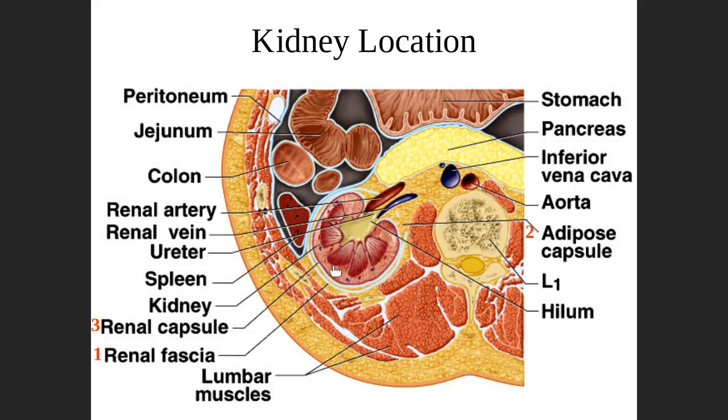Those are 3 layers that help it sit in place. A lot of fat acts like an insulator and cushions it, so if someone punches you there, you might have a little bit of protection.